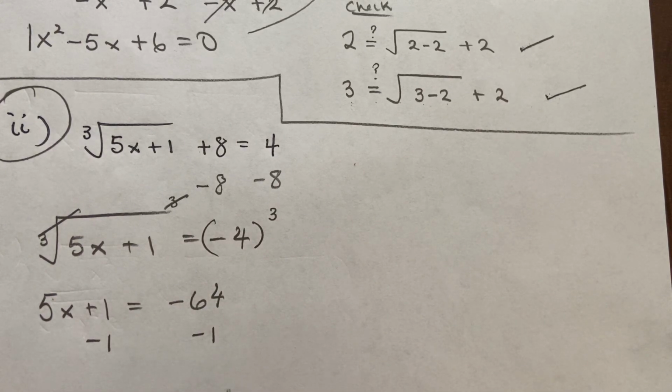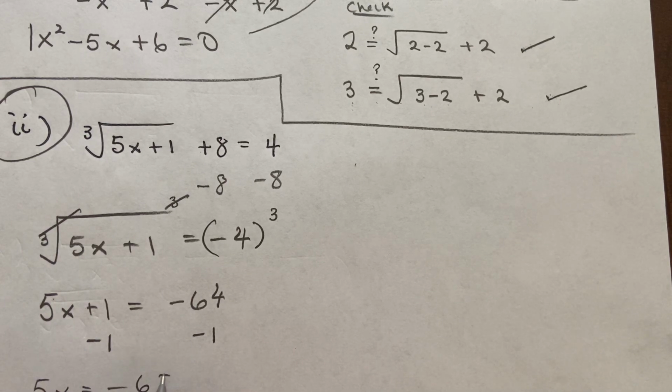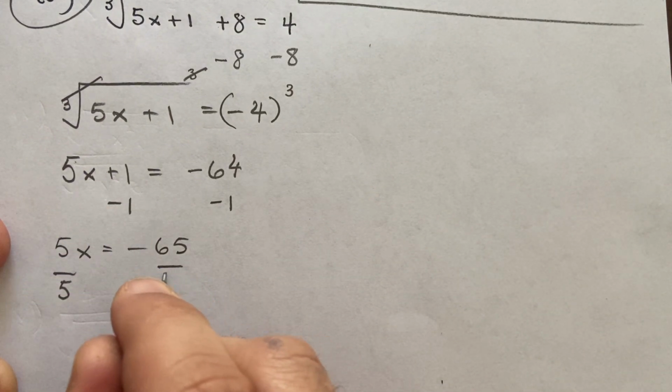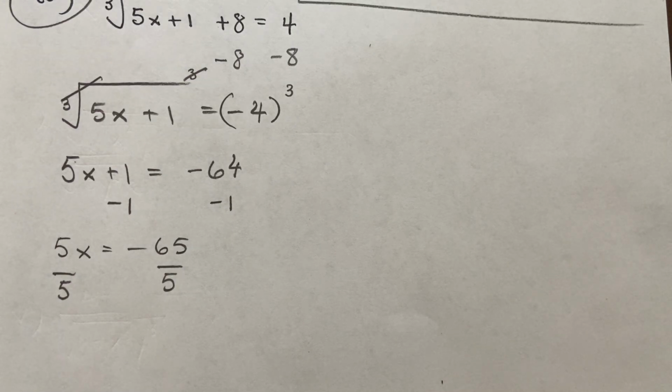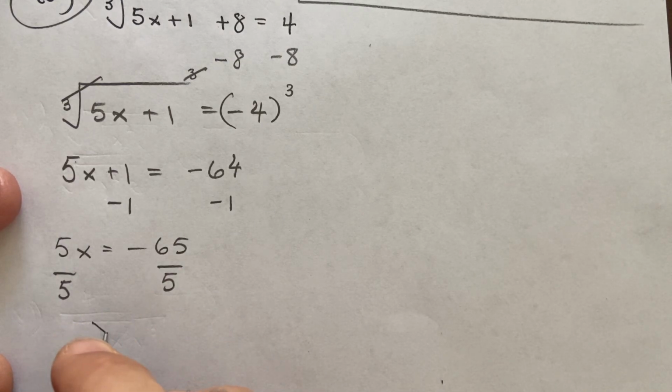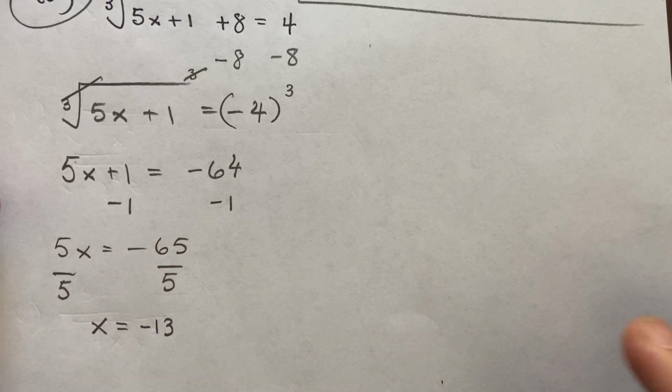So subtract 1, subtract 1. I have 5x equals negative 65. Divide by 5. Negative 13 that is. So x equals potentially negative 13 if there are no mistakes.